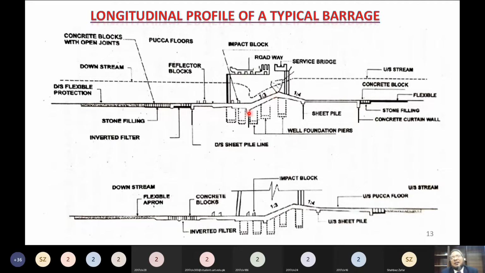This one is the sloping RCC slab which connects the crest of the weir with the upstream end of the downstream concrete floor. So this is the downstream concrete floor and this is its upstream end. So it connects the crest with this, and this is called the downstream glacis.